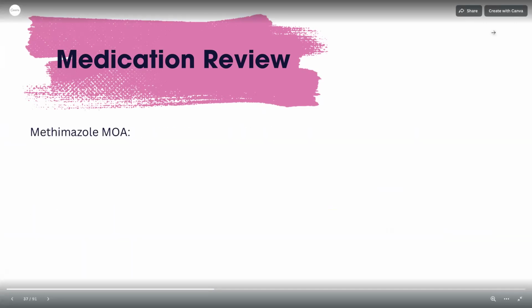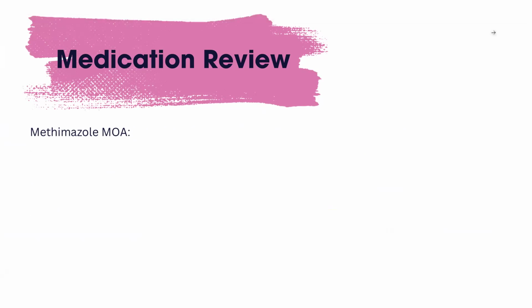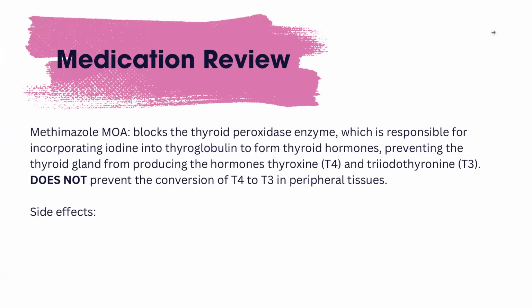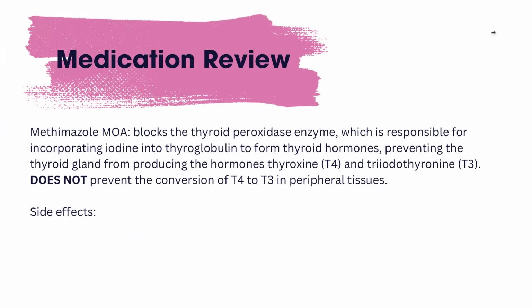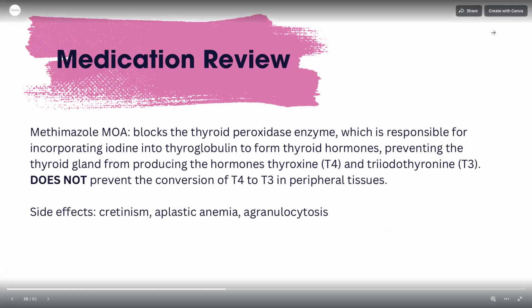How about for methimazole? It is also a thyroid peroxidase inhibitor. It does not prevent conversion in the tissues like PTU does. Side effects of methimazole? Yeah, basically the same, and cretinism as well.